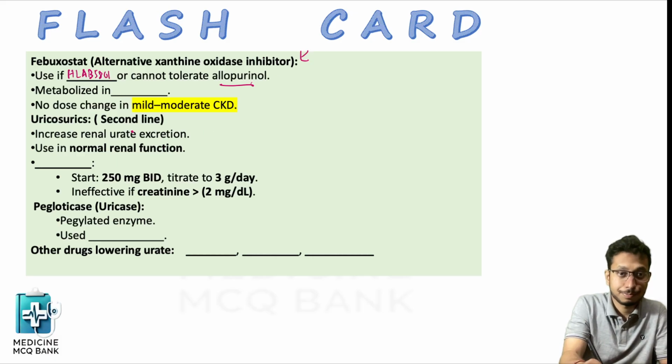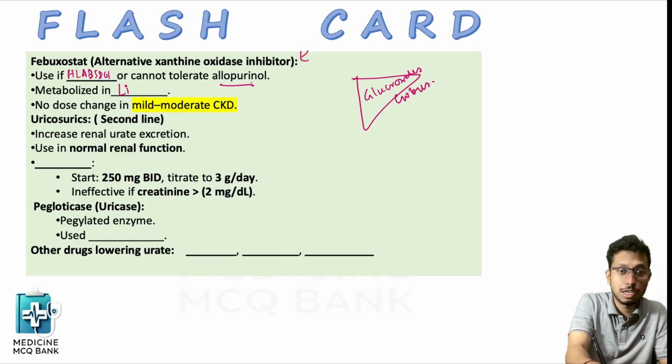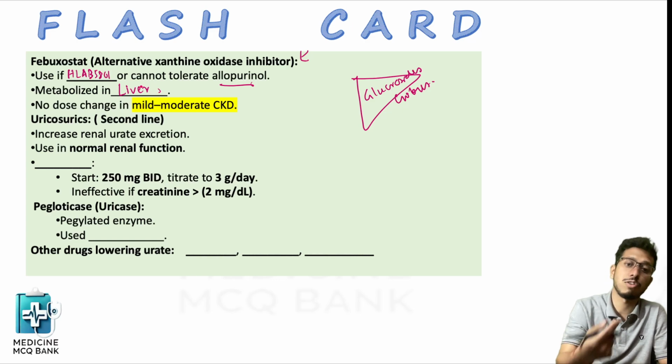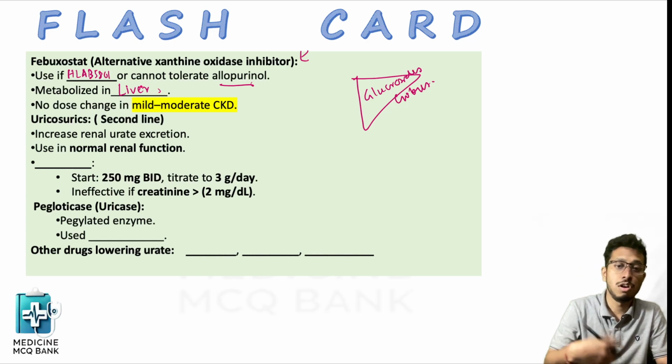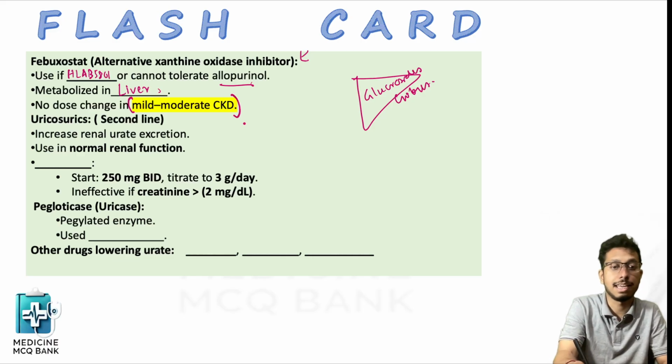Now remember, the liver metabolizes febuxostat by glucuronide conjugation, so it is metabolized in the liver. Therefore, hepatotoxicity can be seen initially with the start of febuxostat. But the benefit is that there is no need for dose change in CKD cases.